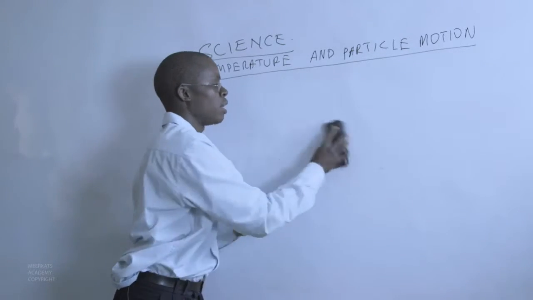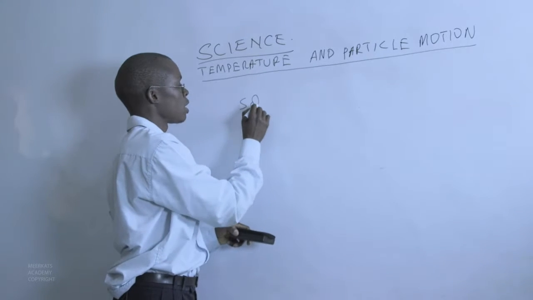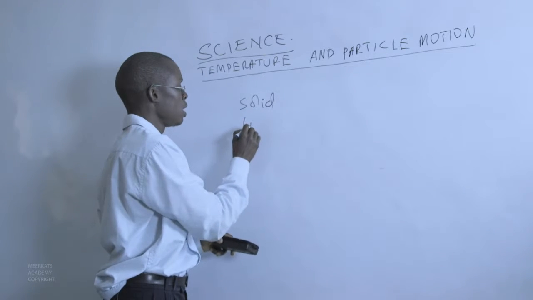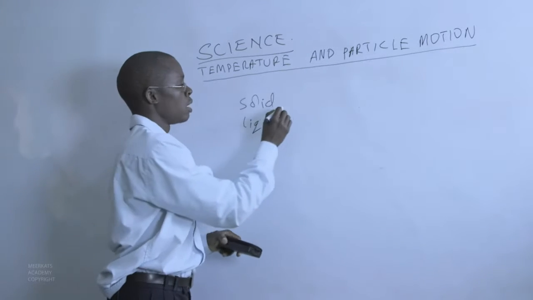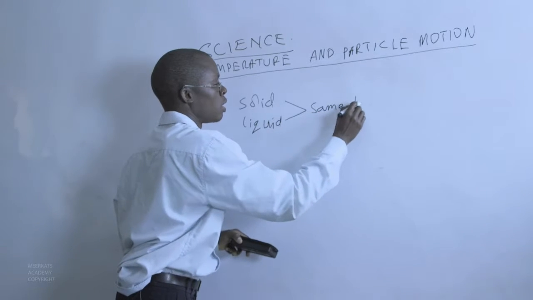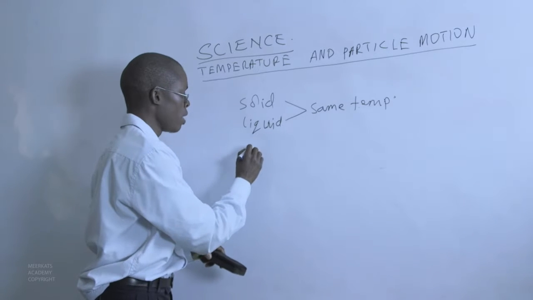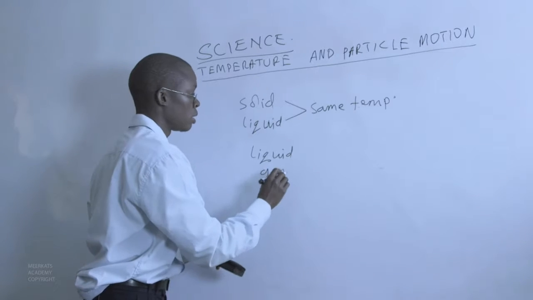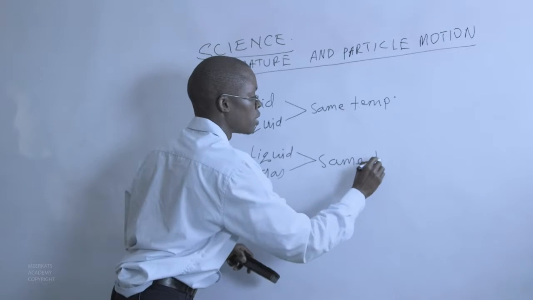So we have a case where we are talking about a substance existing in solid state, but at the same time, same temperature, it is existing in liquid state. We can also have another case where we have a liquid and a gas, but they are also existing at the same temperature.